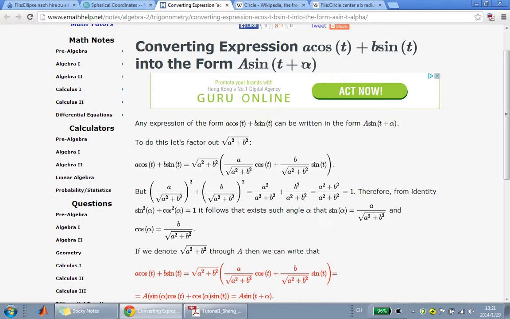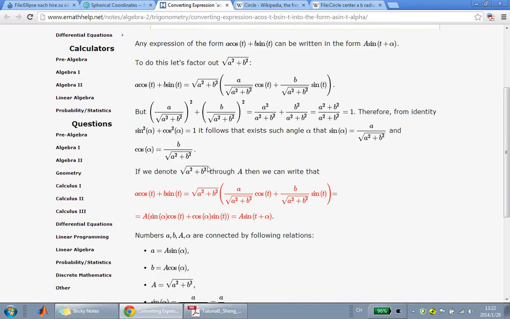How can these two values be represented in terms of a and b? You must have seen this equation before: sine alpha cosine t plus cosine alpha sine t equals sine(t plus alpha).